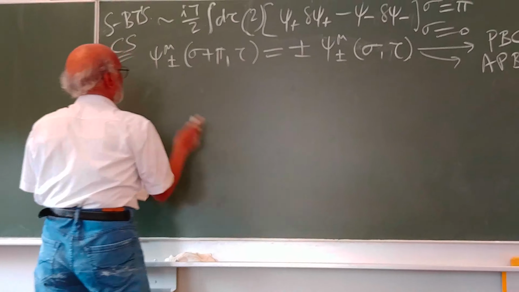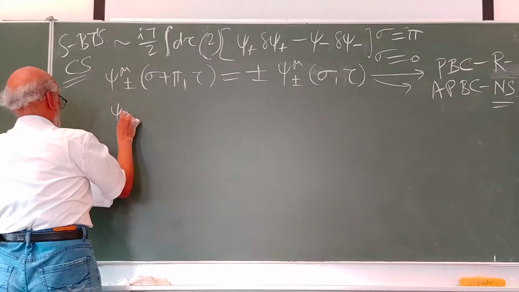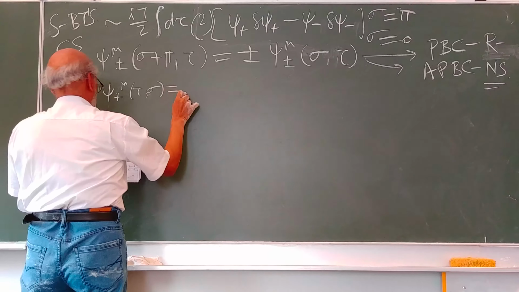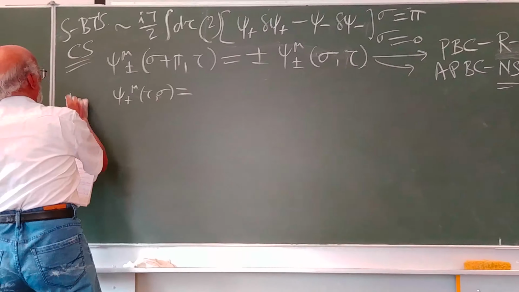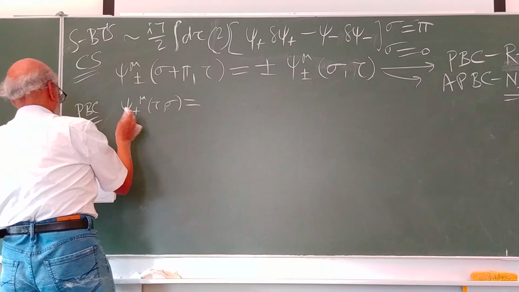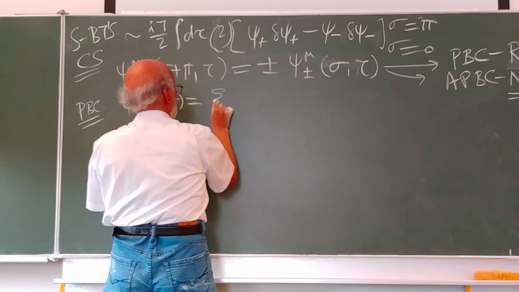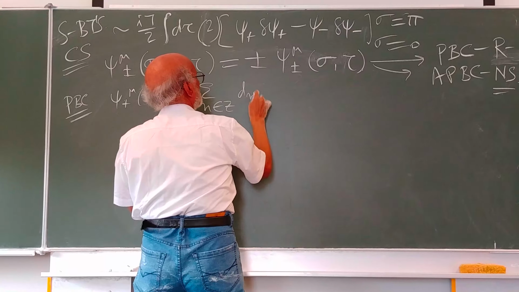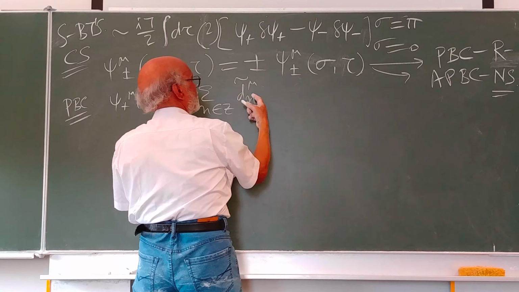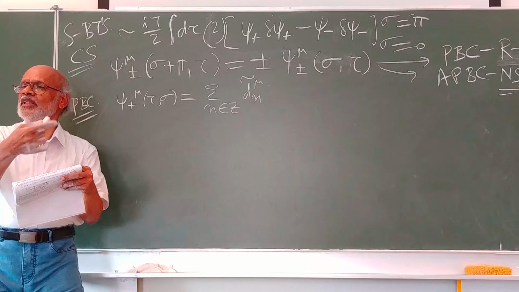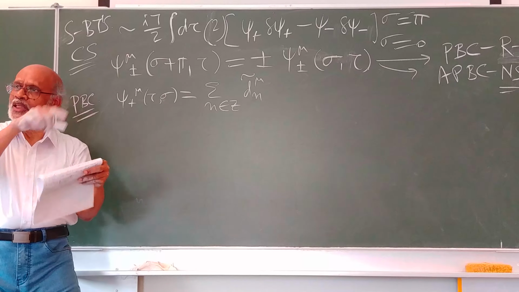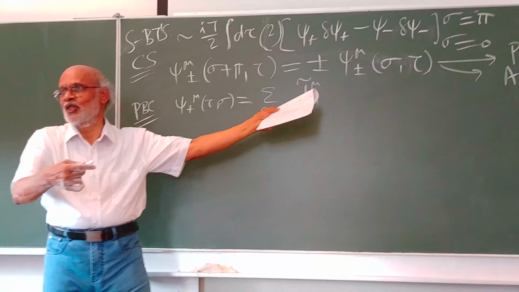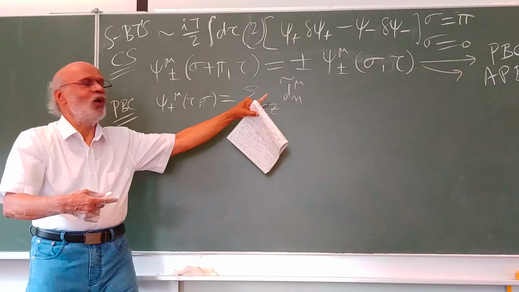So psi plus mu of (tau, sigma), this for periodic boundary conditions, is d mu tilde, a real number. This d mu tilde has nothing to do with the earlier d mu. I am just using different symbols, so it has no relationship whatsoever with the d mu n of the open string.